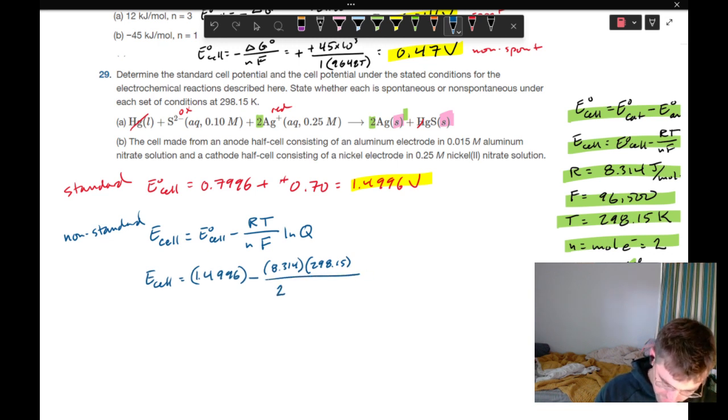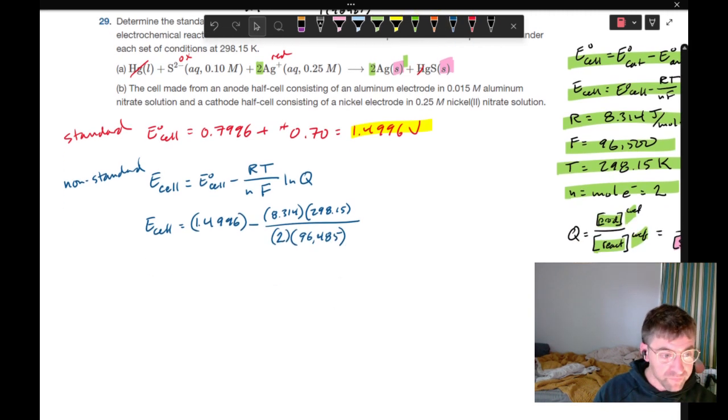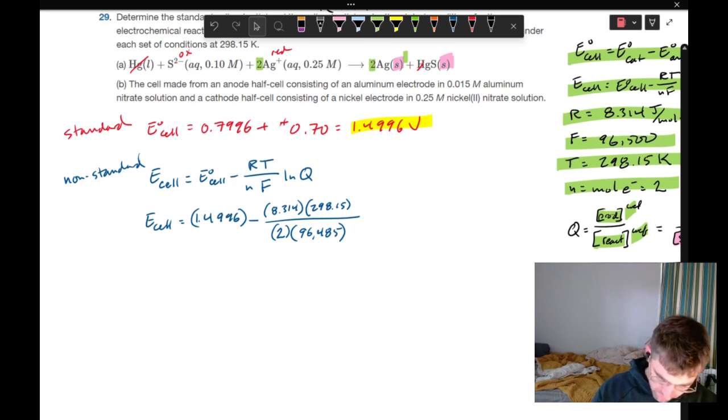Our electron stoichiometry was 2. Faraday's constant is 96,000. I wrote 500. It's 485. We've been precise with everything else. We'll stick with the higher level of precision here. Times the quantity ln of 160.